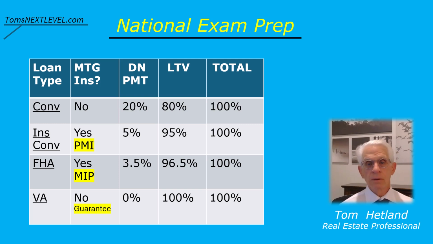So if the down payment is 0% on a VA loan, what's the loan to value? 100%. No down payment, they're going to borrow the entire 100%. Here's another note I want you to make in your notebook to get you through the test. If a borrower on a VA loan doesn't put anything down, do they have to buy mortgage insurance?